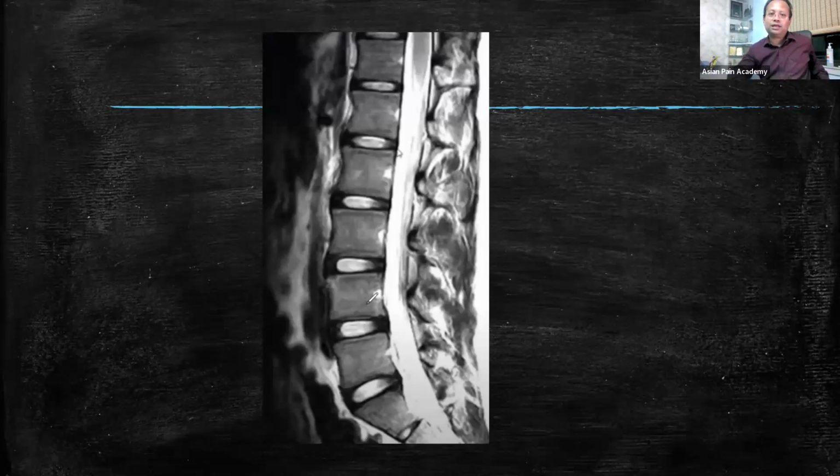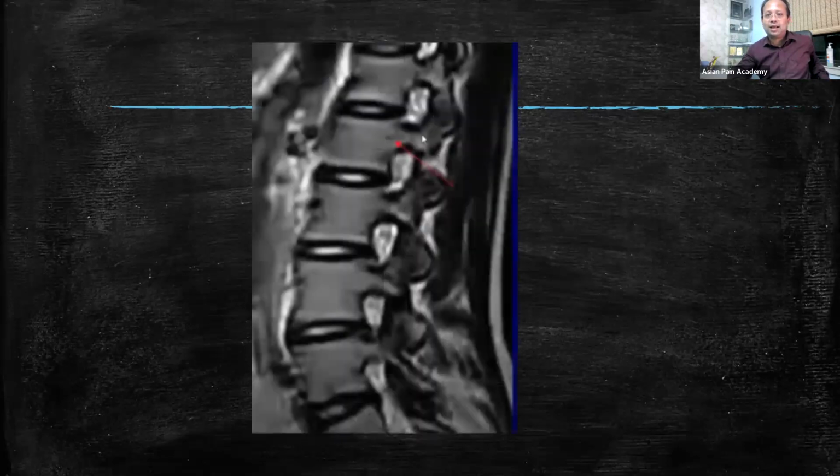Let me tell you some other thing. So, okay, no, this picture is not good. Anyway, okay, this one. By seeing this picture, can you say whether it is T1 or T2?